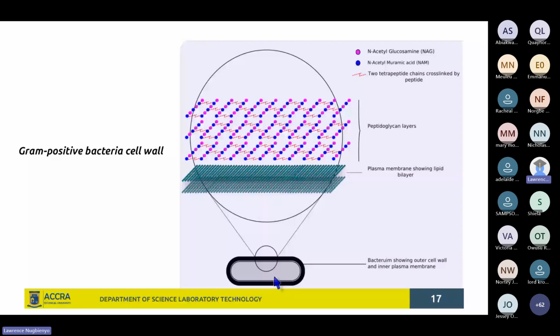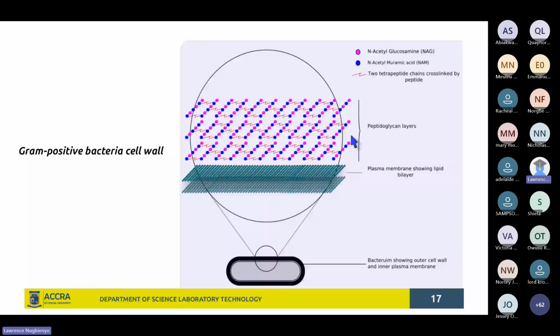And that cell wall is made up of what we actually saw earlier when we were looking at mechanism of action. We saw lysozyme, which was responsible for breaking down this molecule that is the major component of the cell wall of bacteria. You remember? Peptidoglycan.